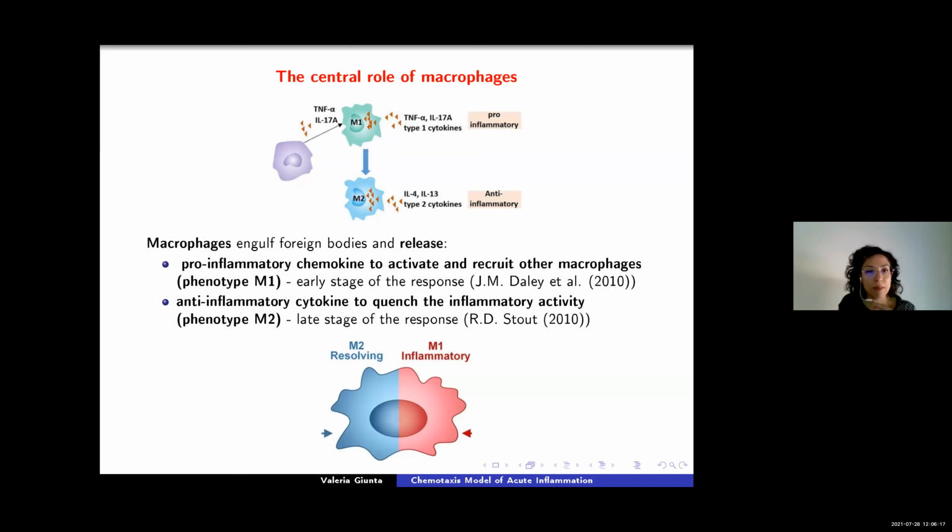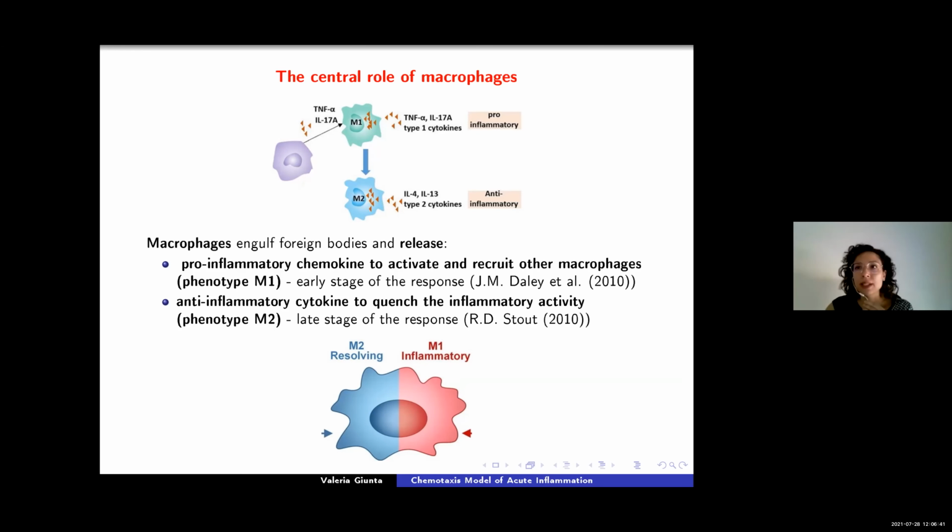And this is very important, this anti-inflammatory behavior, because if the inflammation is prolonged too much over time, it can damage healthy tissue. So, taking into account this biological system, we have constructed our chemotaxis model.